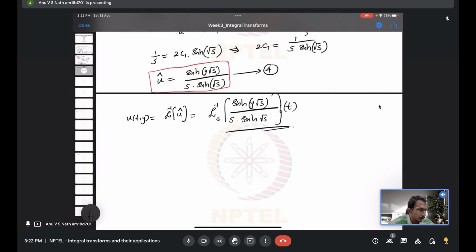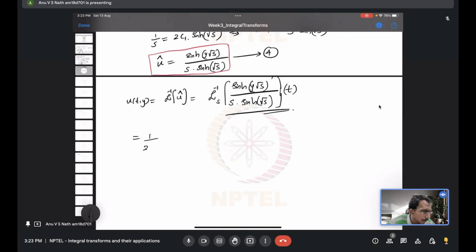Now, usually when we want to invert any Laplace transform, we will look into the tables, and this one doesn't have any of the forms that we know from the table, so we need to actually use the inversion formula.